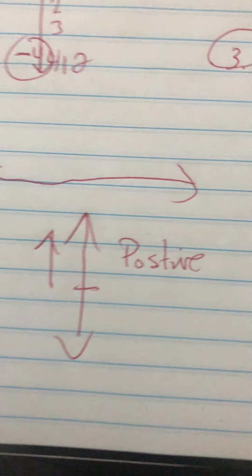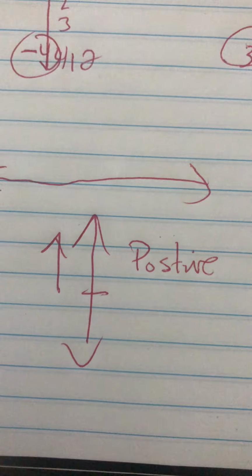But when we think about a number line, whether it be going this way or this way, it doesn't matter. Anything above 0 is always positive, and anything to the right is always positive.